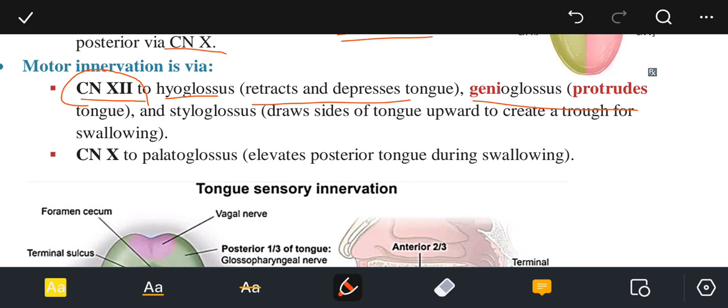If you have seen Aladdin, when he rubs the lamp, the genie protrudes out from the lamp. That is why the genioglossus protrudes the tongue. The styloglossus draws the side of the tongue upward to create a trough for swallowing. The CN10 innervates the palatoglossus, which elevates the posterior tongue during swallowing.